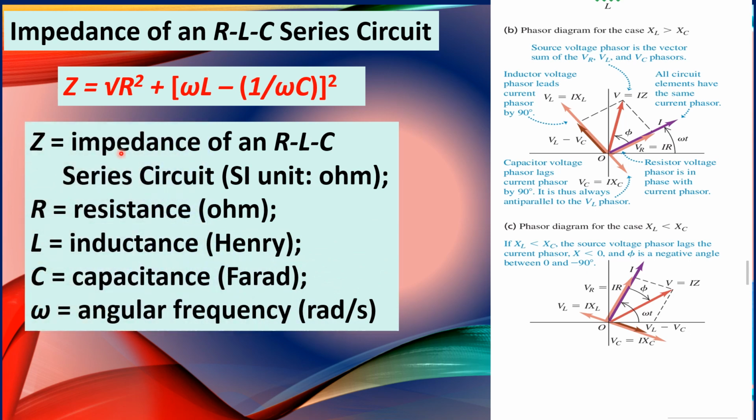Capital Z, the impedance of an RLC series circuit, whose SI unit is of course the ohm. Capital R is the resistance, also expressed in ohm. Capital L, the inductance, expressed in henry. Capital C, the capacitance, expressed in farad. And the angular frequency, omega, whose unit is of course radian per second.